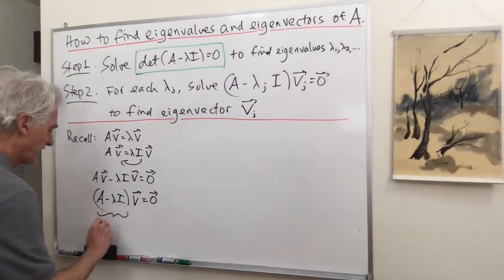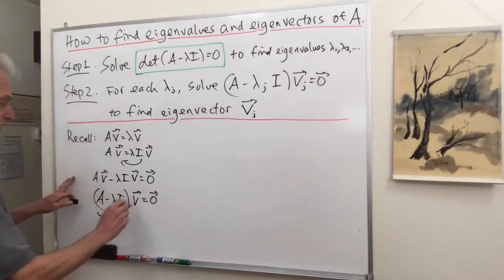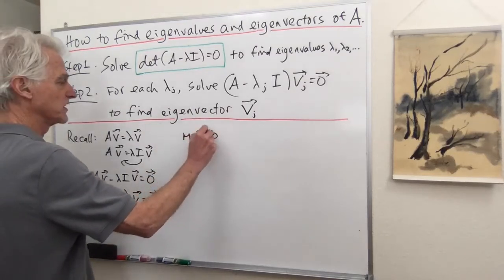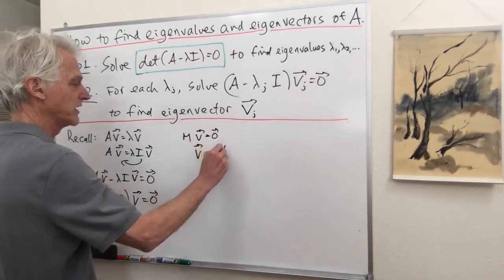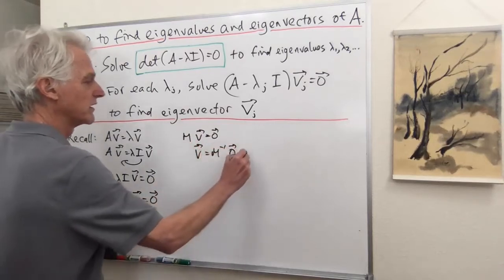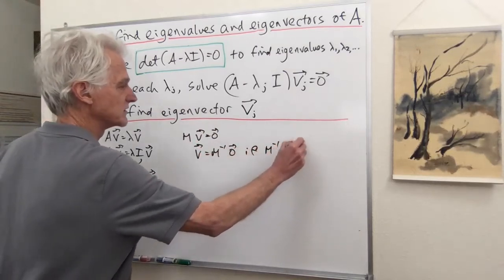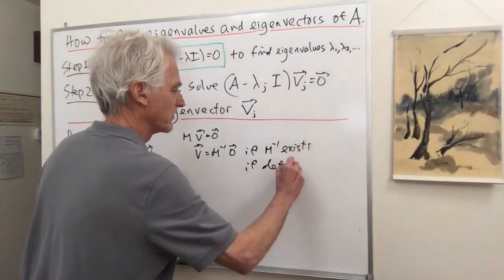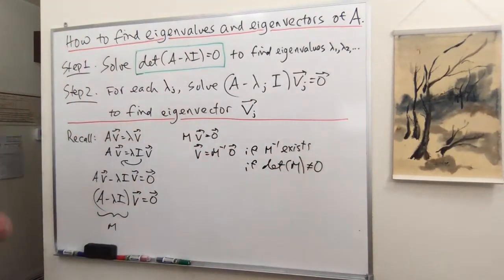So this is like the M that we talked about here. This has a unique solution. MV equals 0 has a unique solution. V is M inverse 0 if M inverse exists, or if the determinant of M is not equal to 0, right?